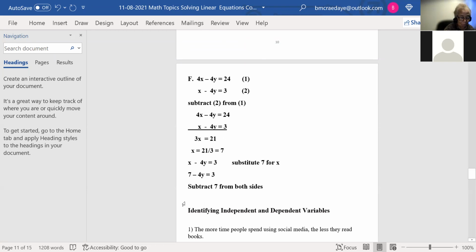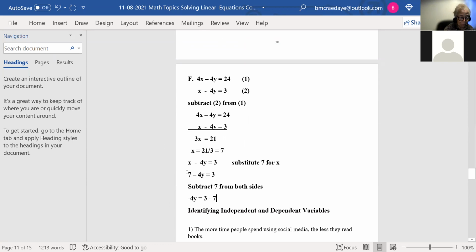And that would give you what? 7 minus 7 is 0. So minus 4y equals 3 minus 7. Okay.